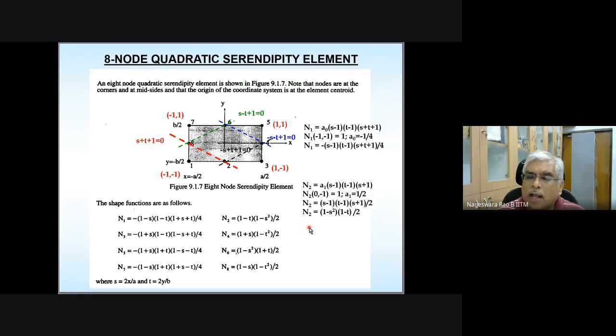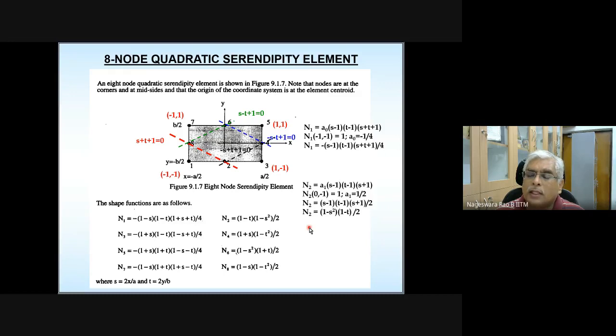Whenever you want to write the shape function expression for a particular node, you need to keep in mind that the value of the shape function for that node, evaluated at that node, should be equal to 1, and the shape function value of that node, evaluated at other nodes, should be equal to 0. So that is the first thing.